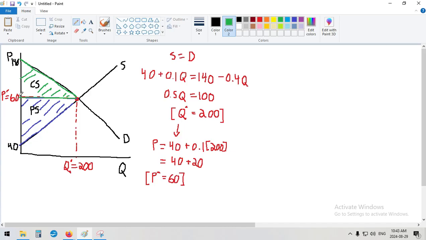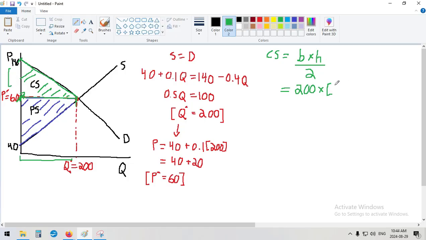So let's look at the geometry here. We just have a right angle triangle. So consumer surplus is just going to be base times height divided by 2. If we look at the base, we can see that goes from here to here, so that's going to be 200. And then for the height, it's a little trickier because that's going from this point here at the 60 up to this point here at 140.